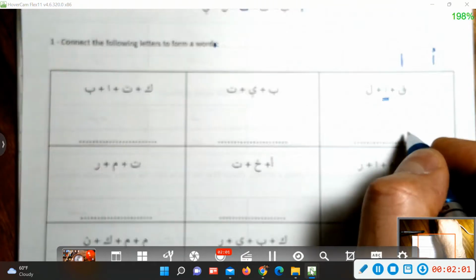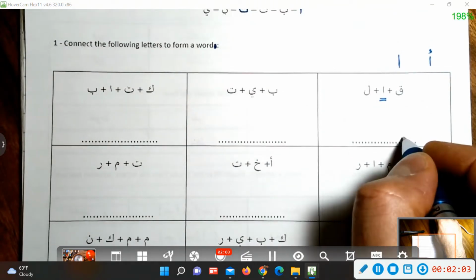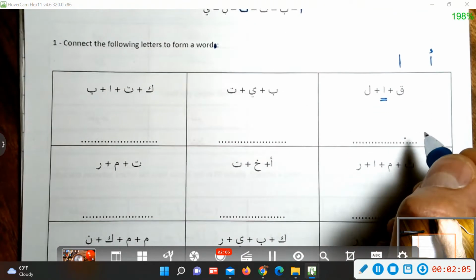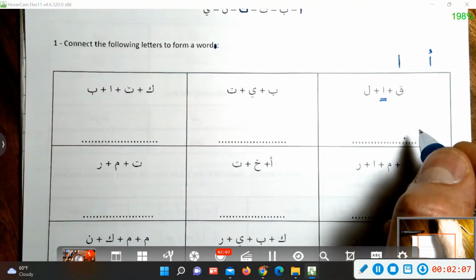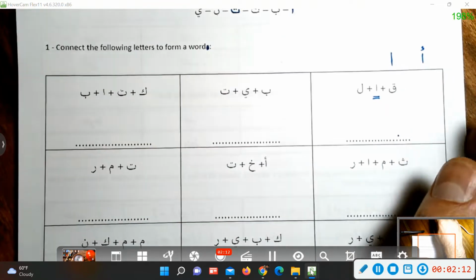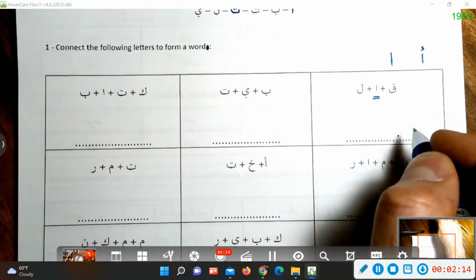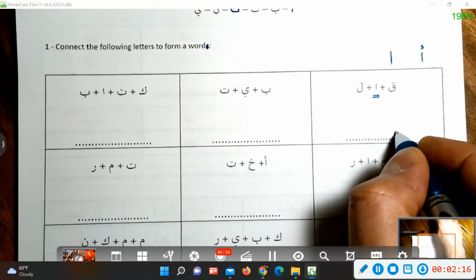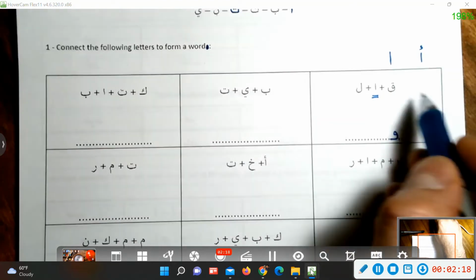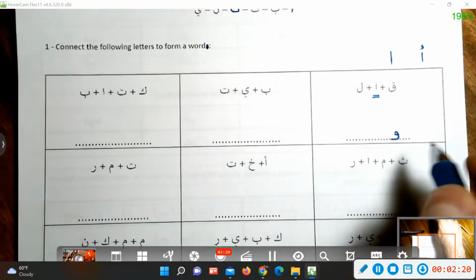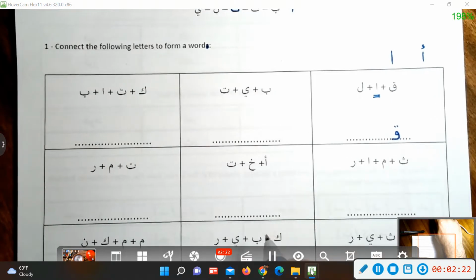So to connect them, we have to start with the qaf. And if we remember the second or the third principle of connecting letters, which was when you connect a letter, you keep the head and forget about the tail. So we're going to keep the head of the qaf here. This is qaf.